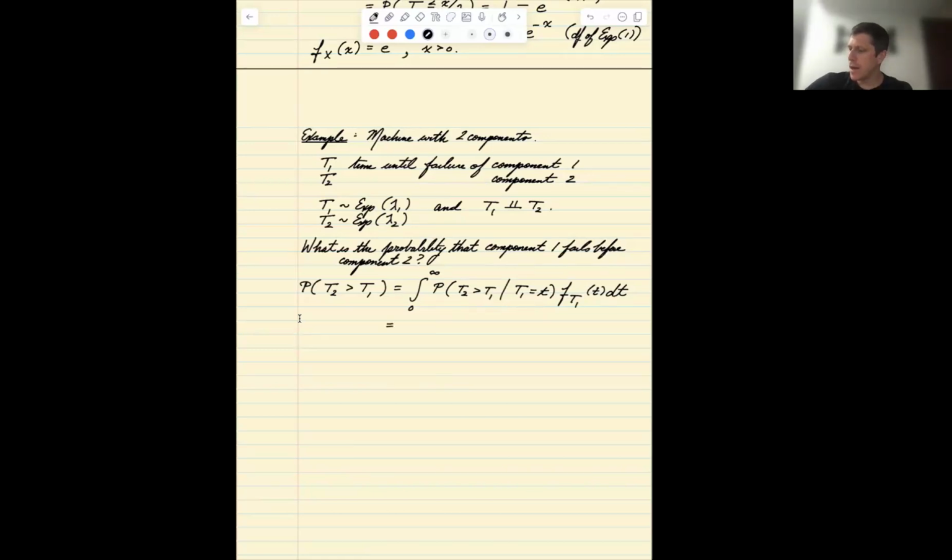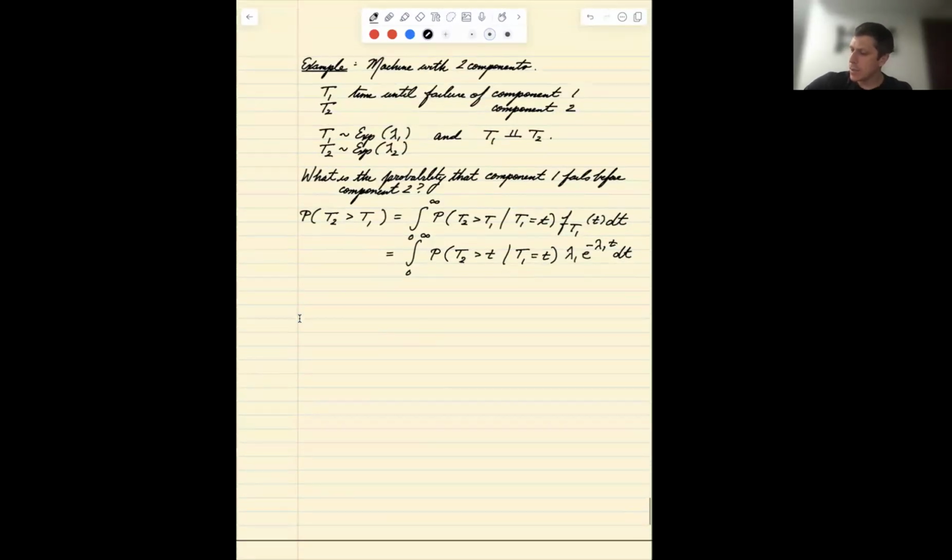Well, once we've conditioned on T1 being a specific value, we can substitute it in on the left side here. And we have the density of T1. And then by independence, we can remove the condition because there's no dependence on T1 anymore on the left side. T2 and T1 are independent.